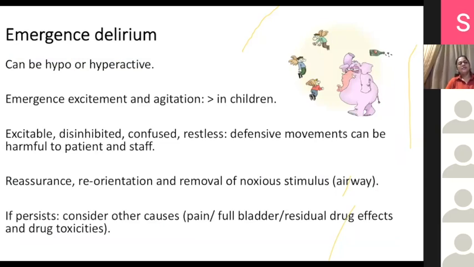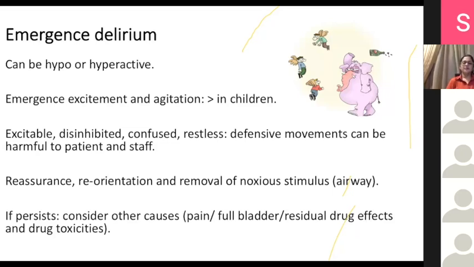Now, emergence delirium, on the other hand, is slightly different because here you will either have a patient who is hyperactive, which is what we notice most of the time, but it can also be hypoactive. The hypoactive is actually a continuum of the delayed emergence. Now, emergence excitement and agitation is seen more in children.